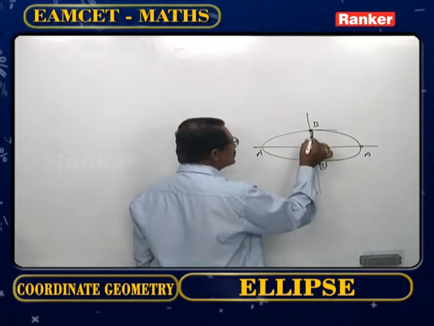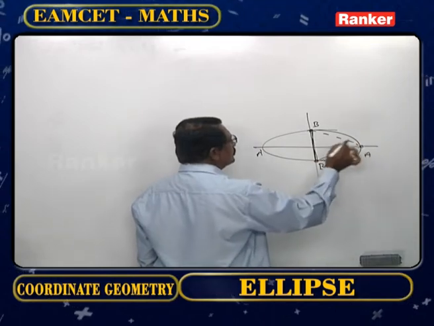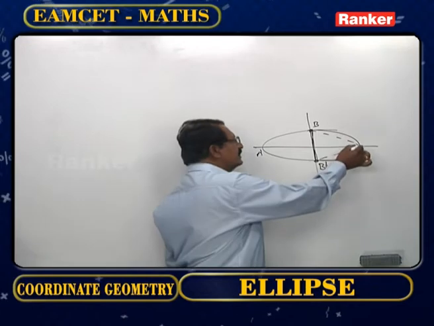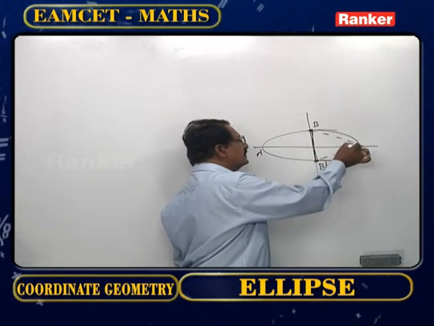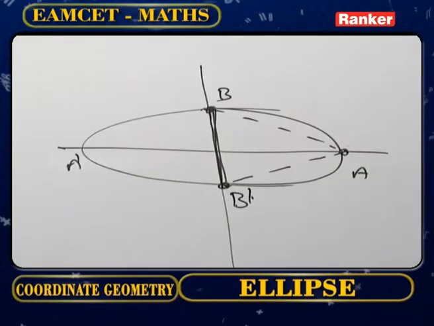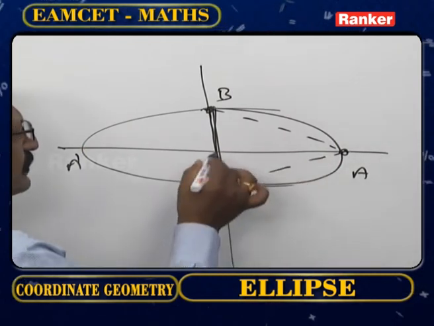The minor axis forms an equilateral triangle at one end of the major axis, meaning triangle AB dash is an equilateral triangle. We require the eccentricity of the ellipse.